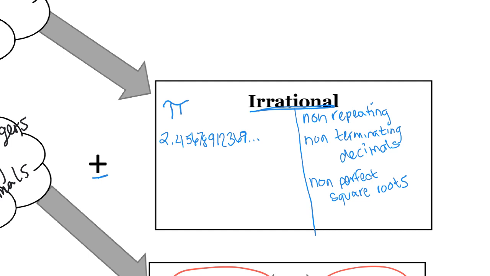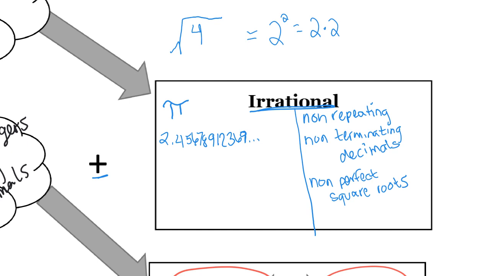All right. Let's talk about what a perfect square root is. Something that we could do, like what's 2 squared? 2 squared is really 2 times 2. So what is 2 times 2? 2 times 2 is 4.